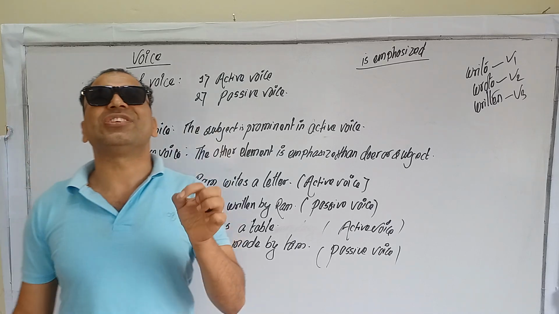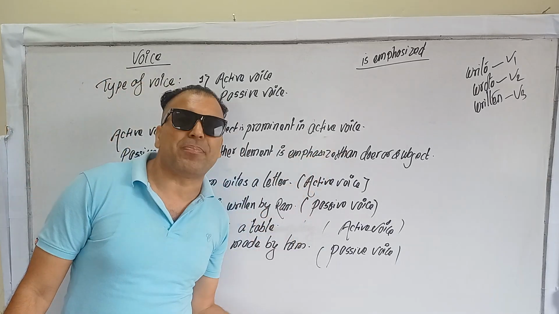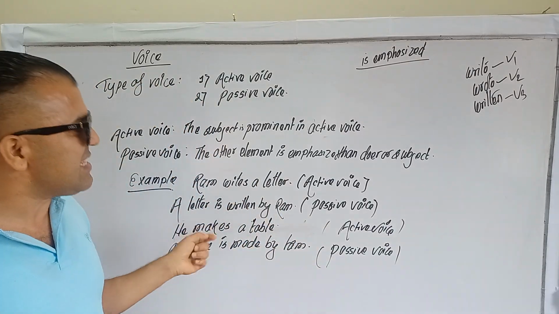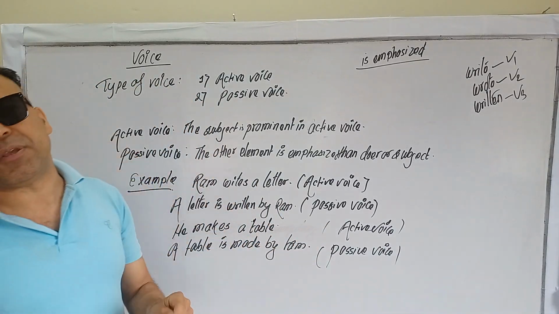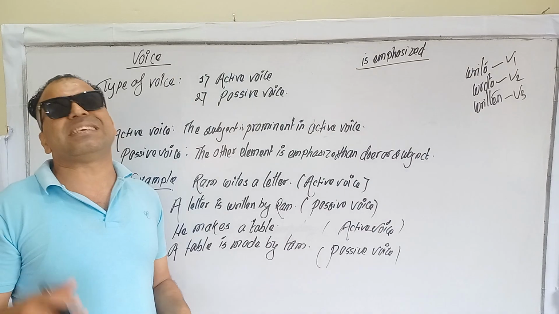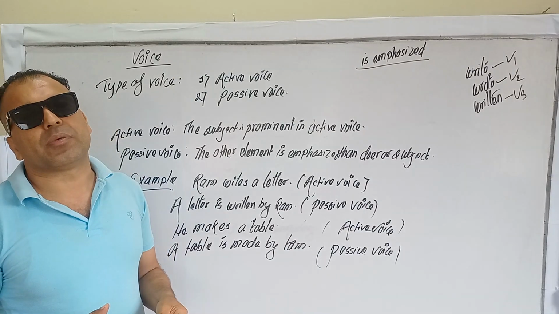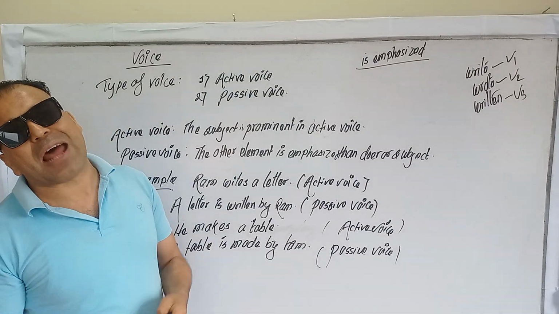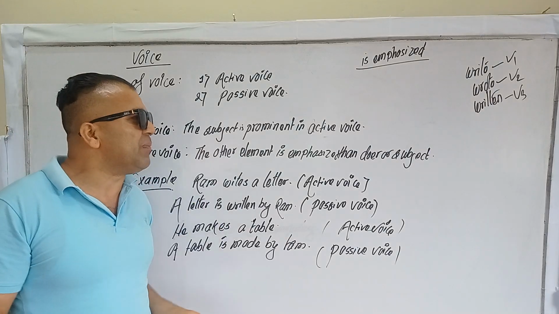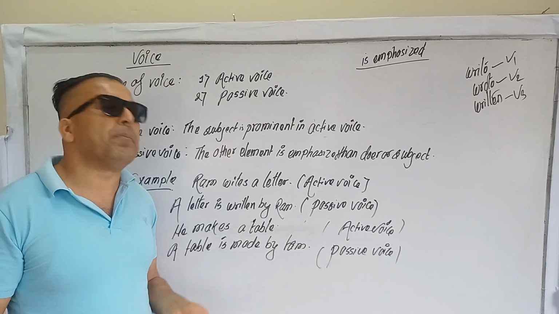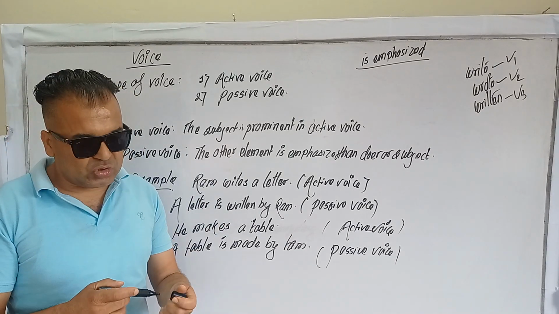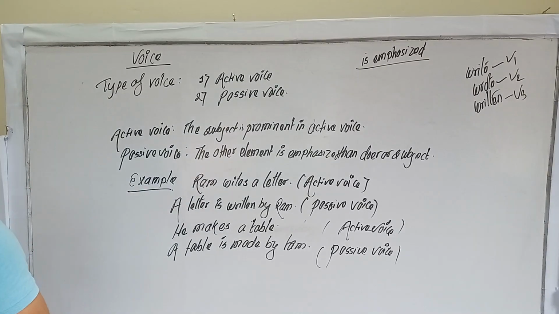He makes a table, or the table is made by him. The passive structure is object plus is/am/are plus past participle, or V3, by the doer or subject. Understand? Alright.